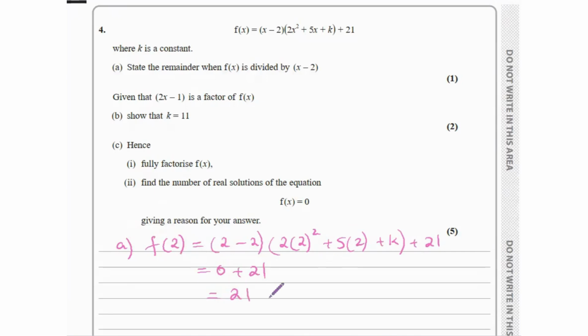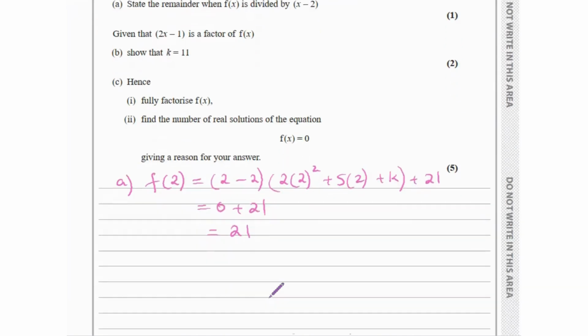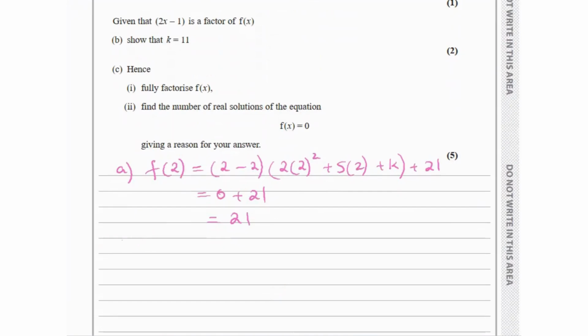Then given that 2x minus 1 is a factor of f of x, show that k equals to 11. So if it's a factor, that means f of x will equal to 0 when you substitute x equals to 1 over 2 in the function.